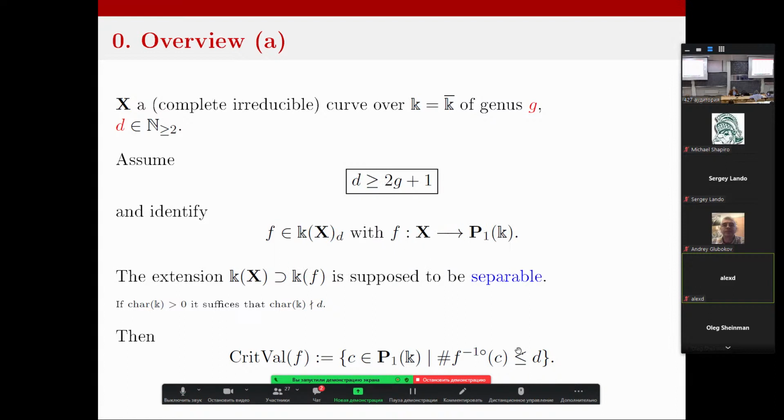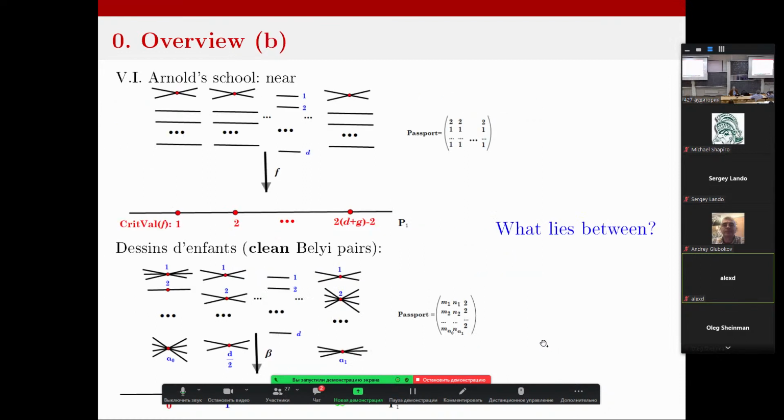Okay. So, suppose that the definition of the set of critical values is correct, not like it is written here. Now, as for the different views, in Arnold's school, which perhaps is dominating here, the tradition is to consider the functions that have a rather large set of critical values.